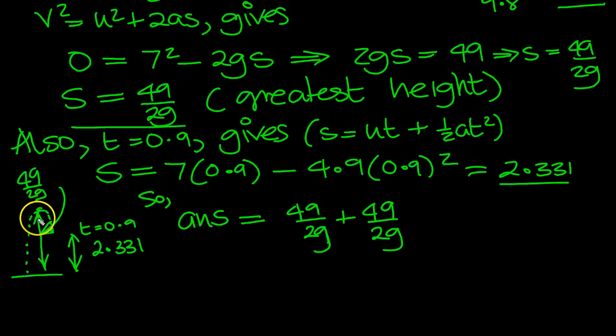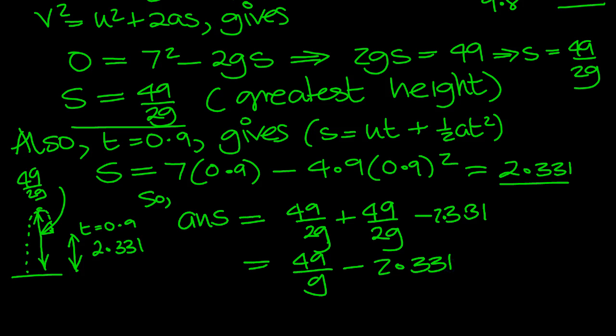So we've done an up and a down, and then take away this 2.331, which equals 49 over g minus 2.331.